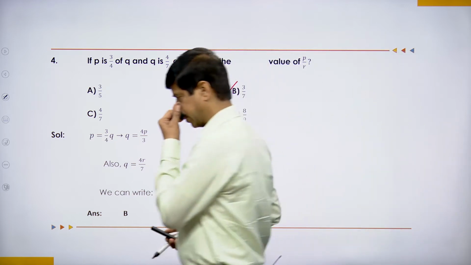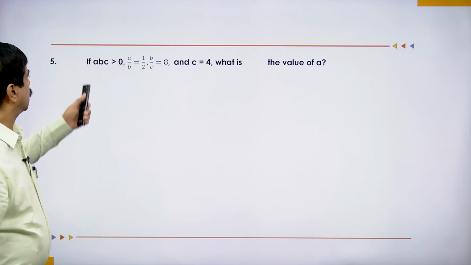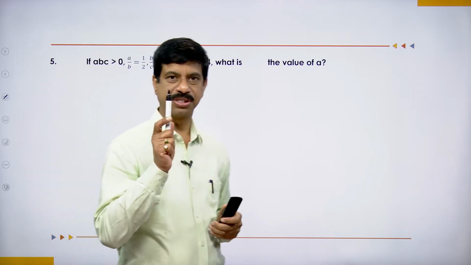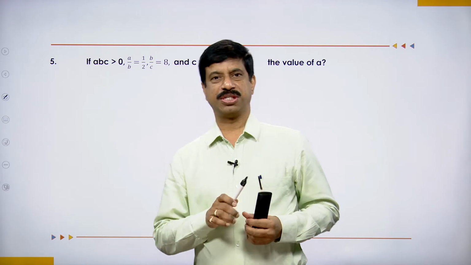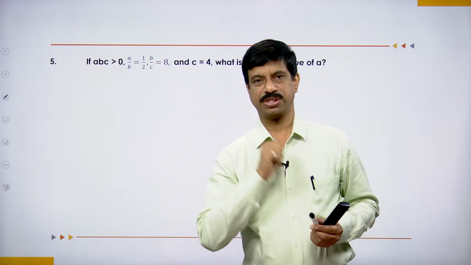Okay, so let's go to the next question. Let us see what is there here. ABC is greater than 0. The product of three numbers being greater than 0 means all three should be positive, because positive times positive times positive is positive.